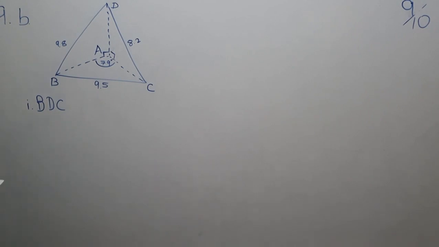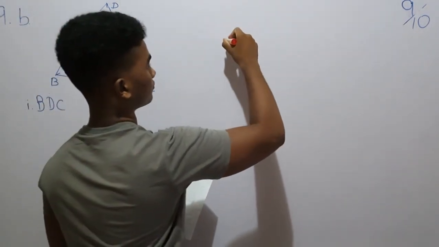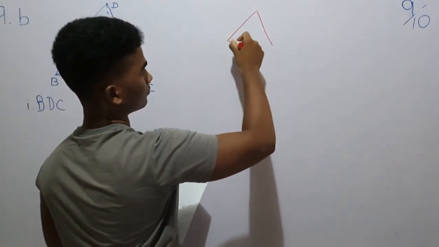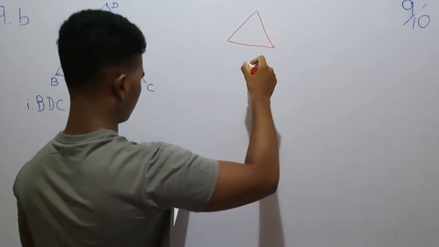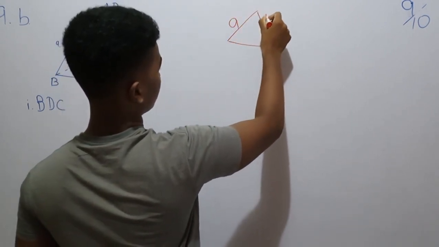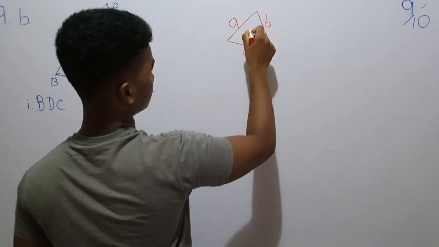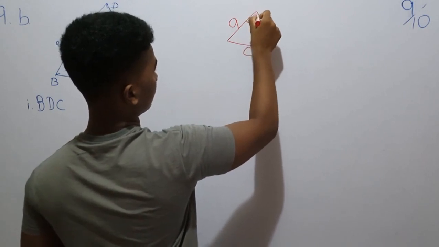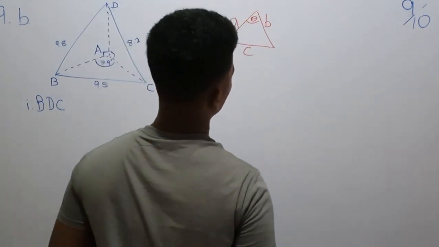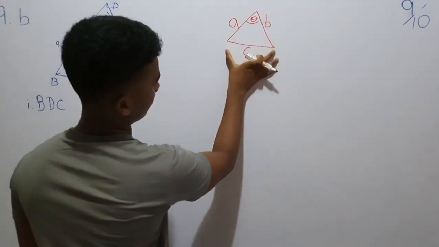So for this we should use the cos rule. Using the cos rule, it's like this. If you have a triangle A, B and C, with this angle theta, the cos rule is mainly to find this length.